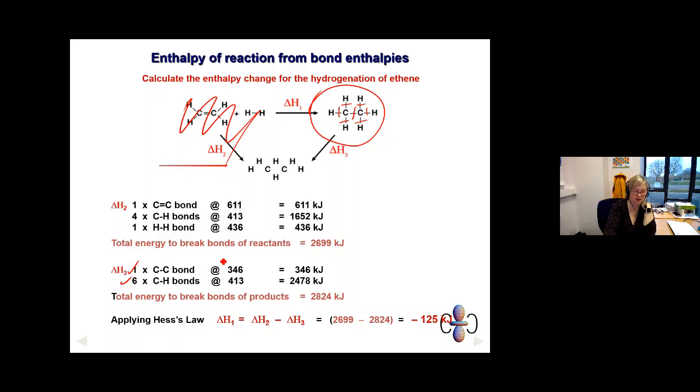So yet again, this type of data would have to be supplied. So you mathematically work out how much energy you needed to input to break everything apart into its atoms. You then work out how much energy is released when you take those single atoms and bung them together into the product. Okay, so applying Hess's law, therefore, the break and then the make, then it works out to mathematically be this value here.